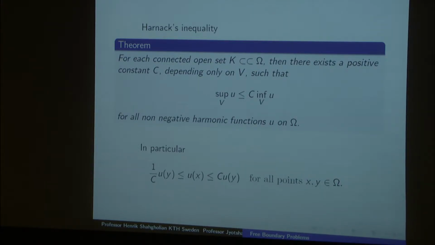Just try. The strong maximum principle is equivalent to Harnack's inequality. Just try whether it is true or false. Try to write it down. So this is a very nice property.